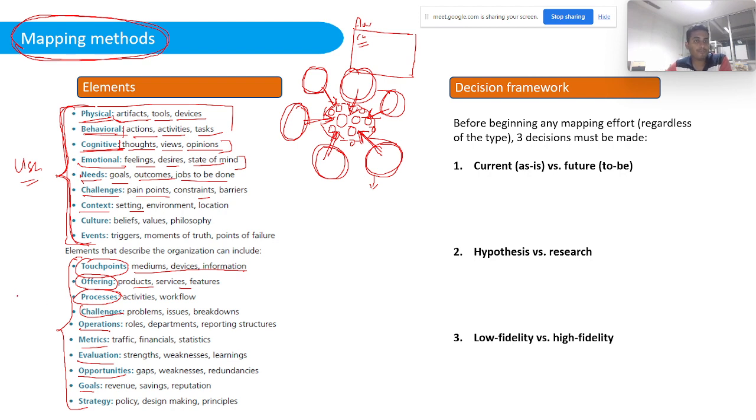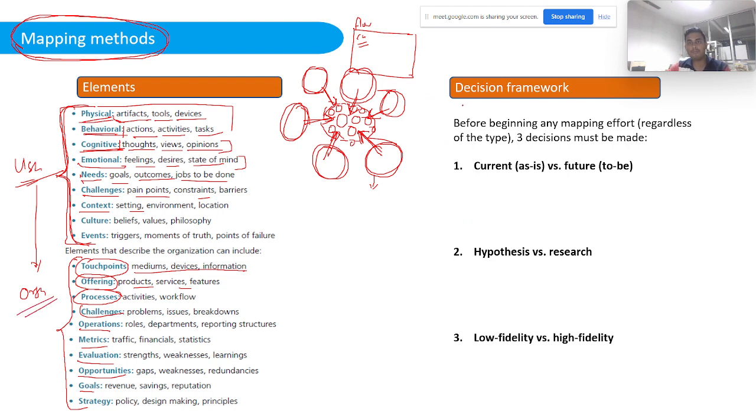So when we try to define a particular scenario, it's not only the user whom we need to describe. It's also the service, the organization, the setting where the particular user is engaged. Okay, so to describe both user elements as well as organizational elements, we use these mapping techniques.